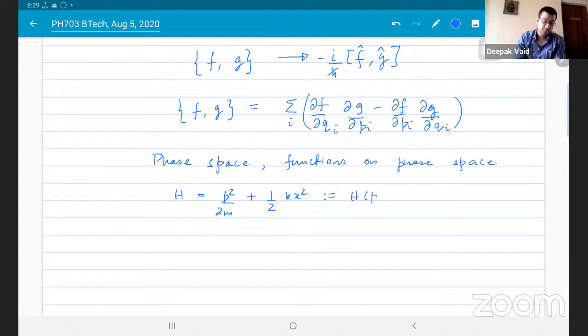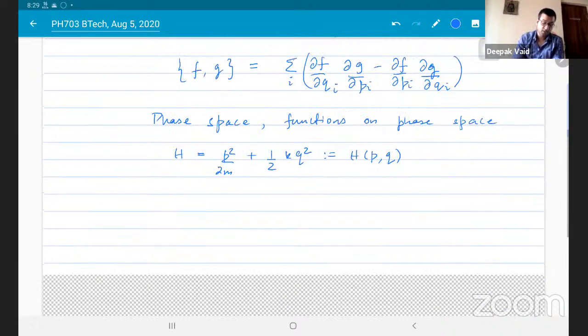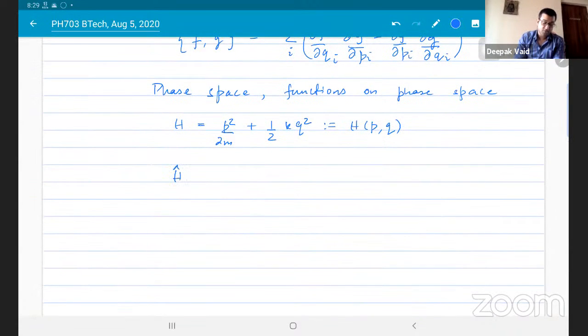What is this? This is a function, and I'll put, instead of x, I will use q. This is a function of these two variables, p and q. But in the quantum case, when I write down this equivalent expression in terms of the p and q operators, I cannot write this as a function of, I mean, it is an operator.